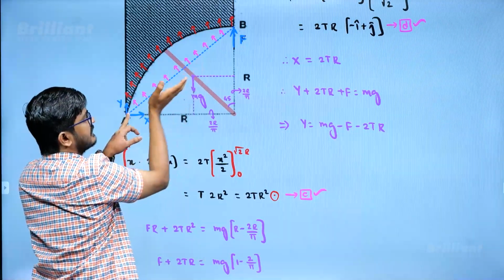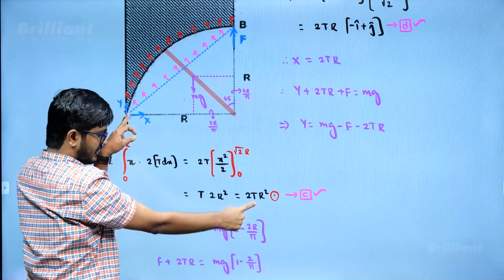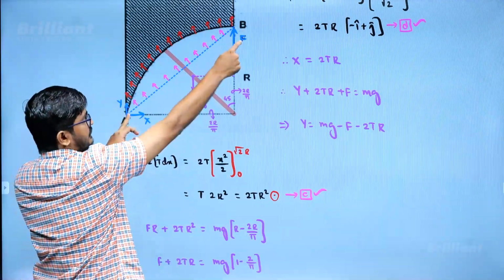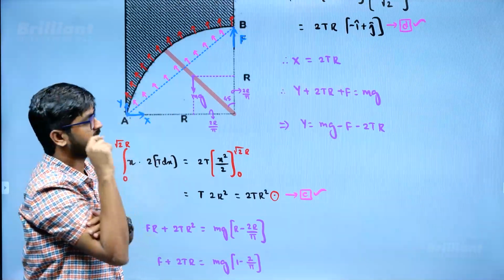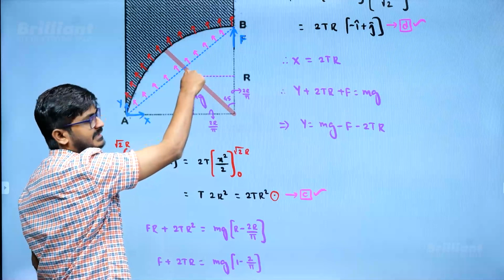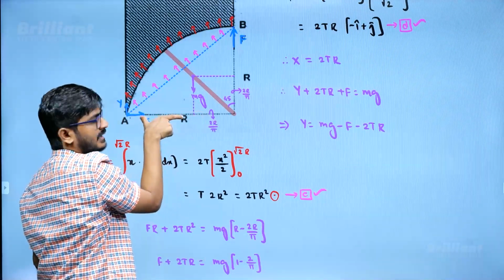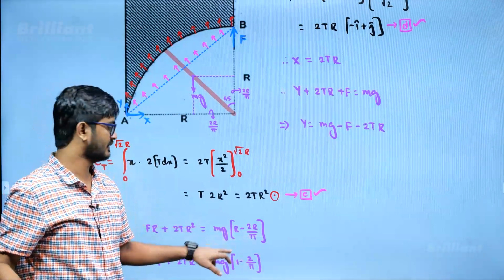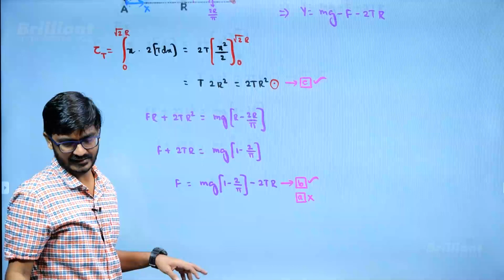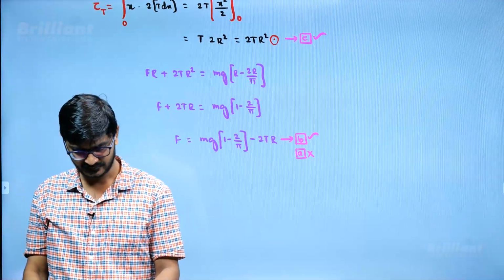Now this surface tension will try to rotate it this way, whose value we calculated already, 2T into r square. This force and this surface tension force are trying to rotate in the same direction. Apart from that, weight will act at the center of mass, that is perpendicular distance r minus 2r by pi, into mg. So when you calculate from there the value of F, you will get option B as correct, option A as wrong.